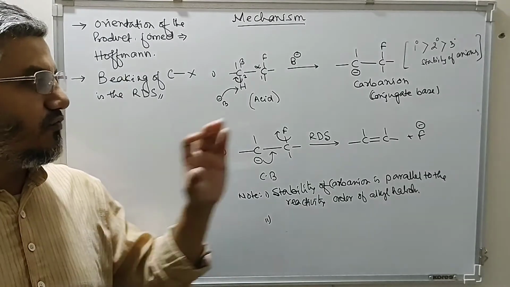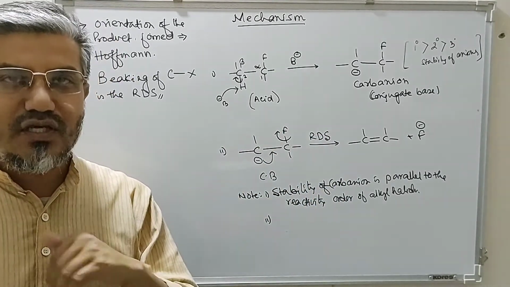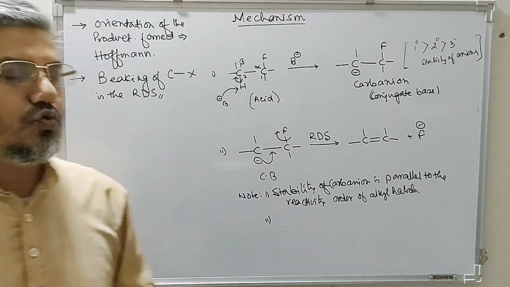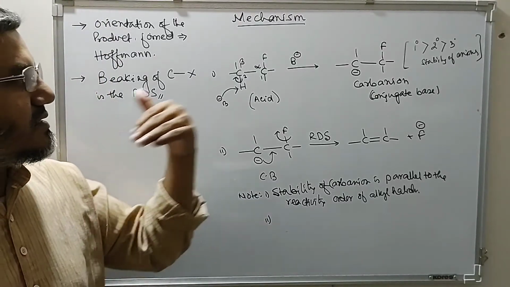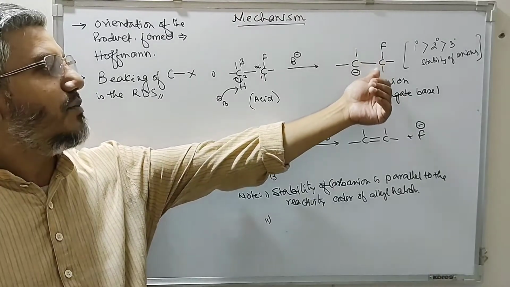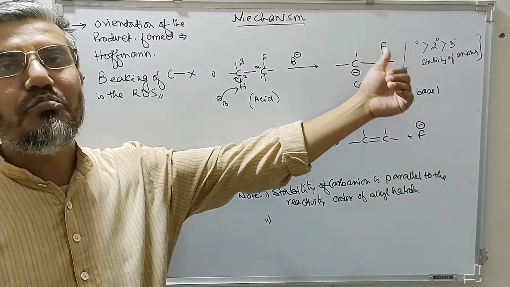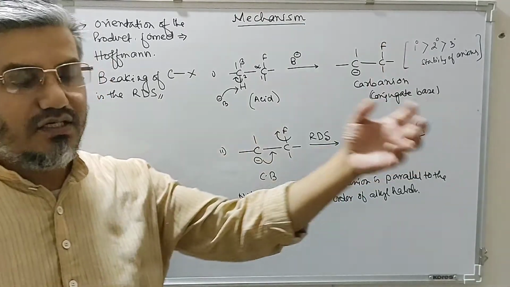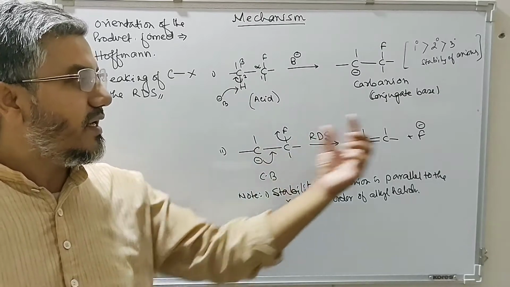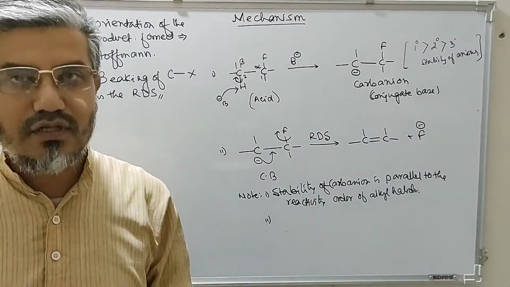Out of these, fluoride ion being the most basic is a very poor leaving group. So this fluorine carbon bond being the stronger bond, its tendency to break is less. So fluoride ion being a very strong base is a very poor leaving group.